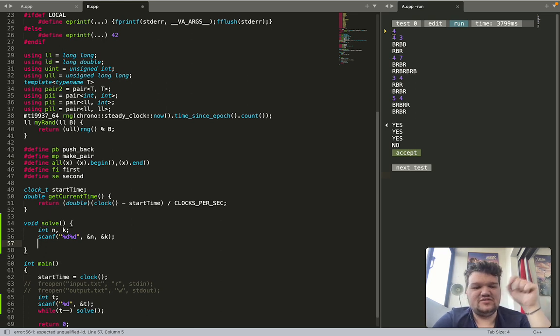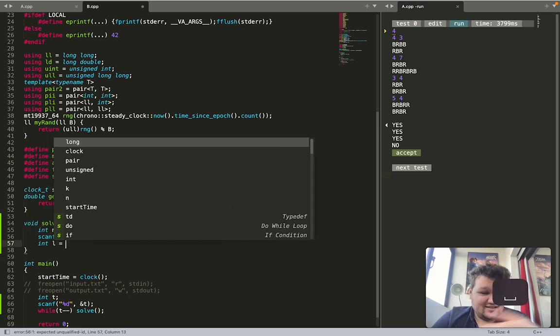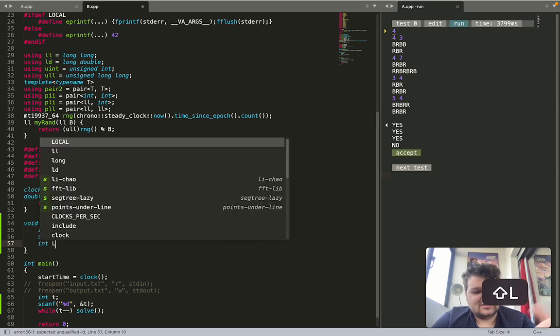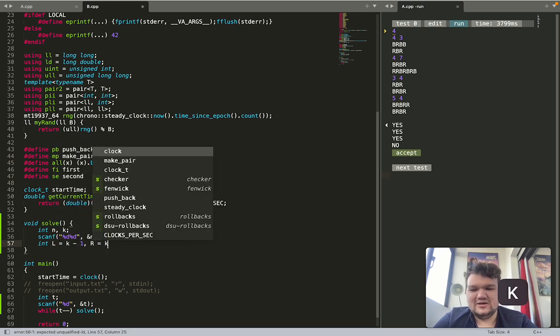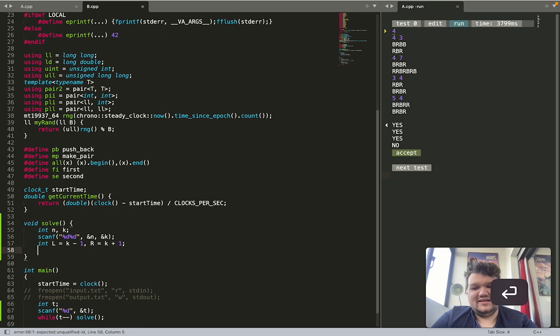That will be the left and right border of the new segment of intersection. Technically the borders start at minus infinity and plus infinity, but we can just say that they're equal to k minus 1 and k plus 1, because we only care if they're actually equal to k or smaller for the left border and bigger for the right border.